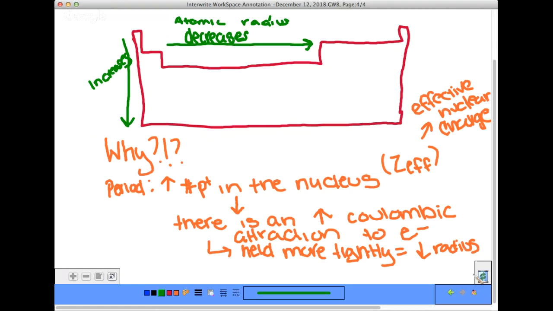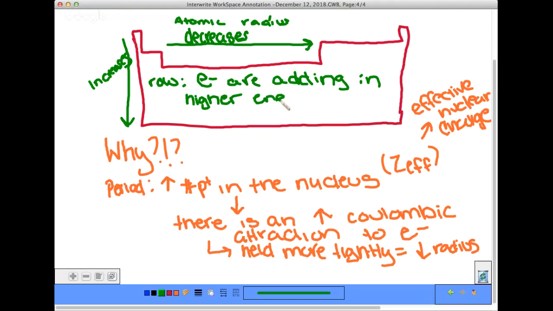All right, going down a row. As we go down a row, electrons are adding in higher energy shells.